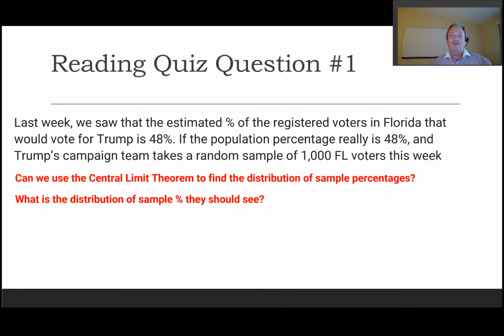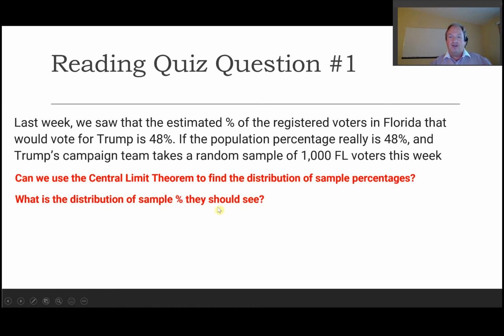And so if you've convinced yourself that both of those conditions are satisfied, and this is our pi here, our 48%, and our 1,000 is our sample size, we're going to use that information to check the conditions we required to be satisfied.